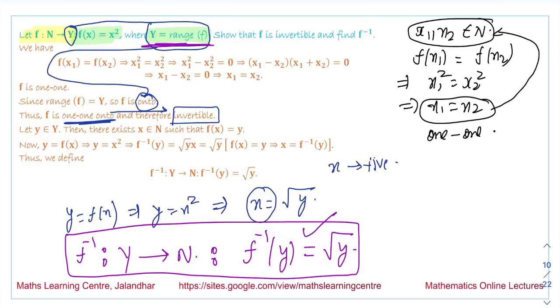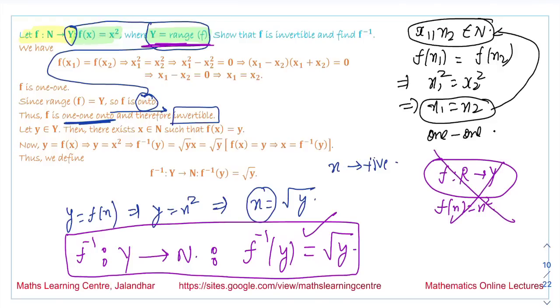Now suppose in this question in place of N, it is R, then for f from R to Y, the function f(x) is equal to x square. This will not be an invertible function because it will not be a 1-1 function. We are saying it is not 1-1 because f(1) is equal to 1 is equal to f(-1).